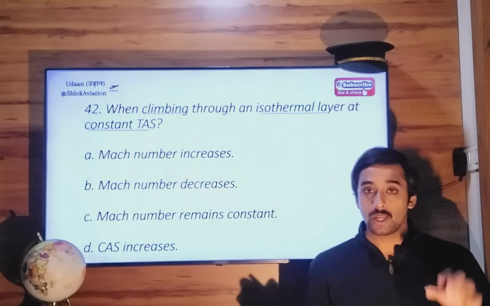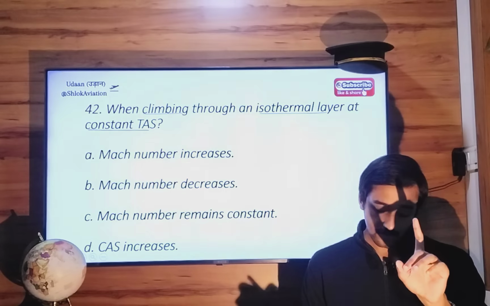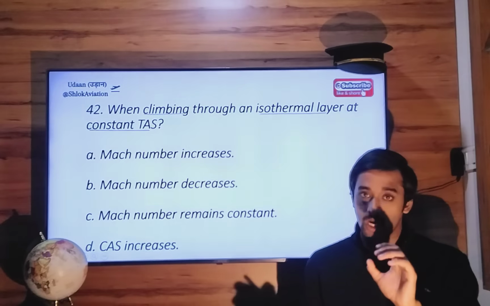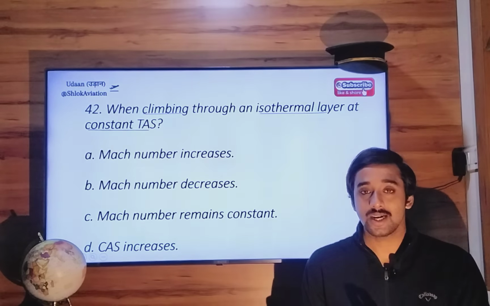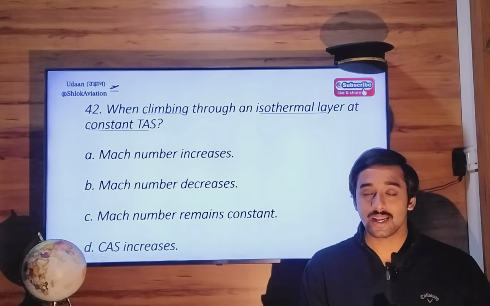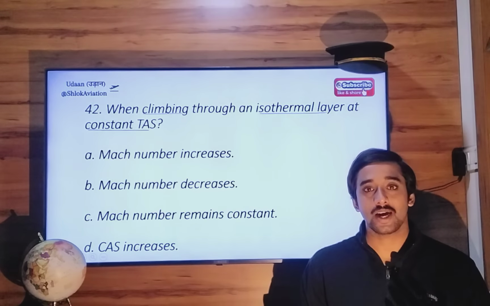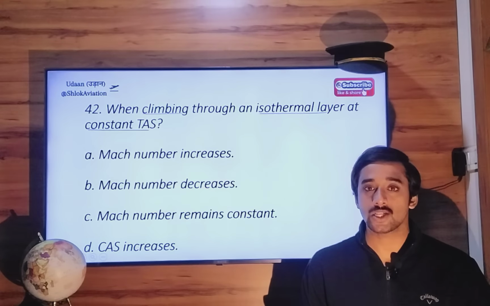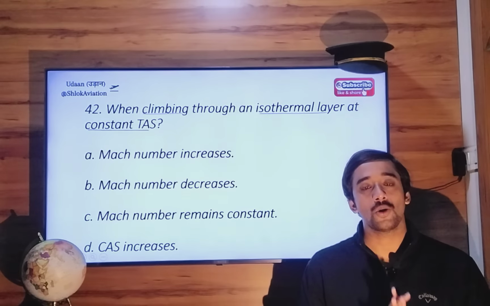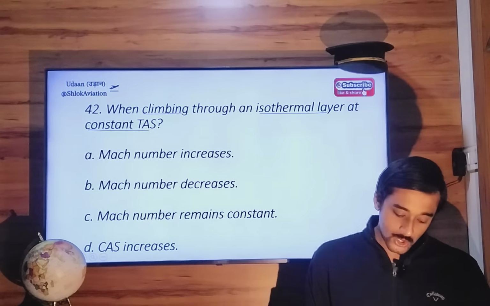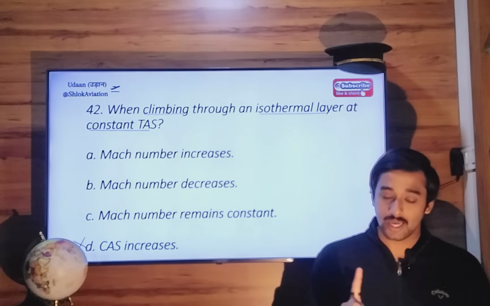So if atmospheric pressure decreases, the dynamic pressure available for pressure instruments to register will also decrease. If that decreases, the dynamic pressure and hence your calibrated airspeed indication will also suffer. It will go on decreasing in value as you go to higher and higher altitudes. So calibrated airspeed should decrease, not increase.